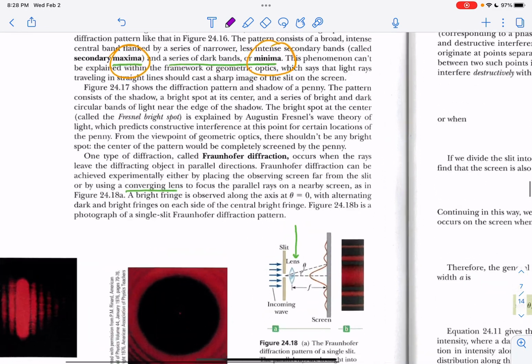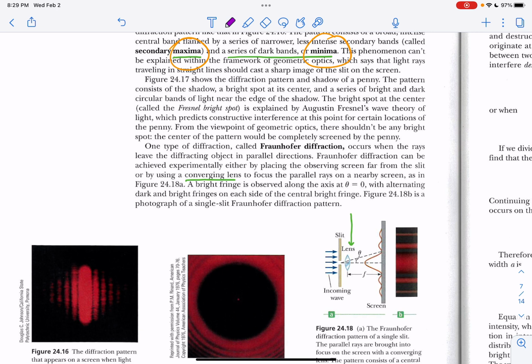Now, we're not going to talk too much about Fraunhofer diffraction, but the idea behind Fraunhofer diffraction is that if you put a lens, and there's my lens right down there, if you have a single slit and you put a lens right there to help bend the light, you actually get a brighter band where you're focusing constructive interference, not so wide and bright, not so wide and bright even less.